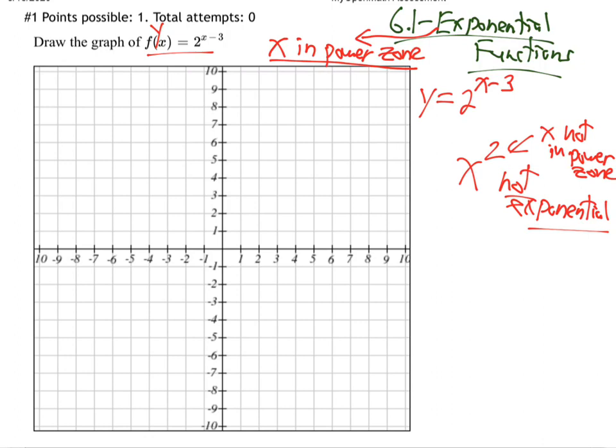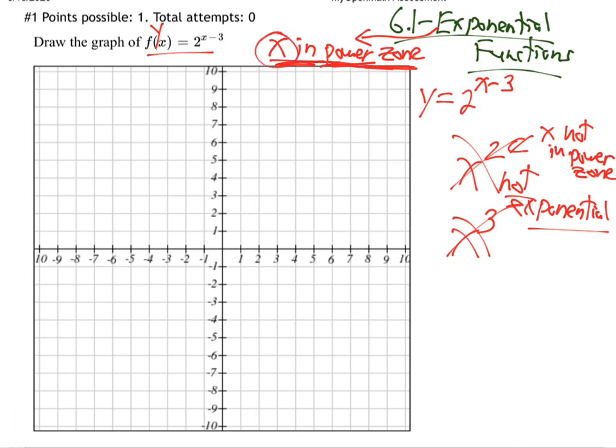So it's not just anything that has powers or exponents. An exponent means a power, right? Exponential functions particularly mean not just that there are powers, but that x itself got into the power zone. So x squared or x cubed, none of those are exponential. Even though they have powers, x did not climb into the power zone.